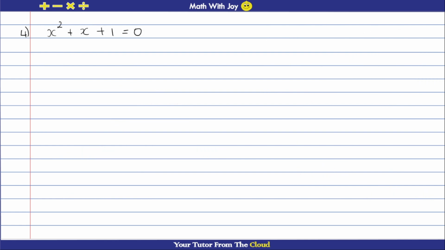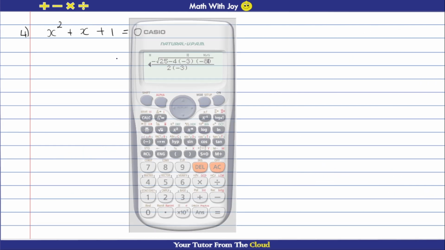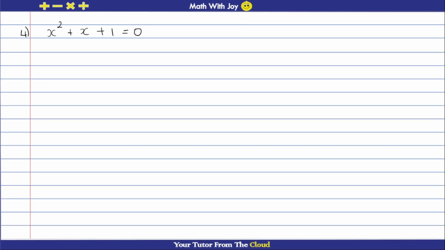All right, so let's look at this question here as well. This question is probably going to give us no solution as well, because we're going to substitute in here plus or minus the square root of b squared minus 4ac, and then you're going to have a 2a.